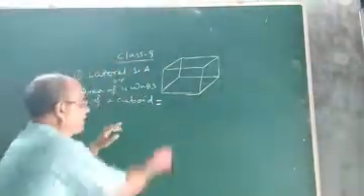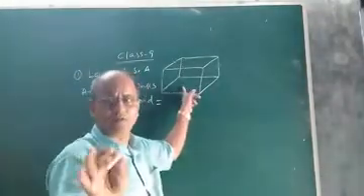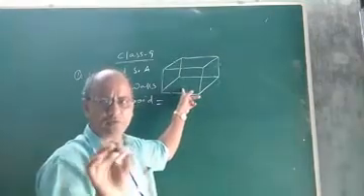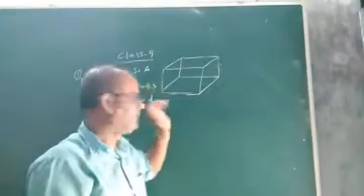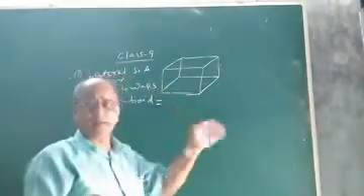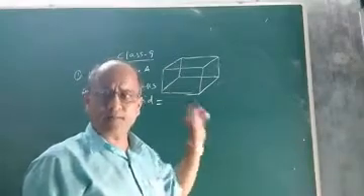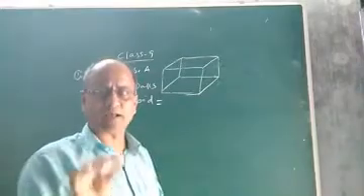And what is the formula? You know the perimeter of a rectangle. Perimeter is 2 into (L plus B), 2 into (length plus breadth). Now, if you multiply the perimeter of the base and the height, you will get the lateral surface area or area of four walls.